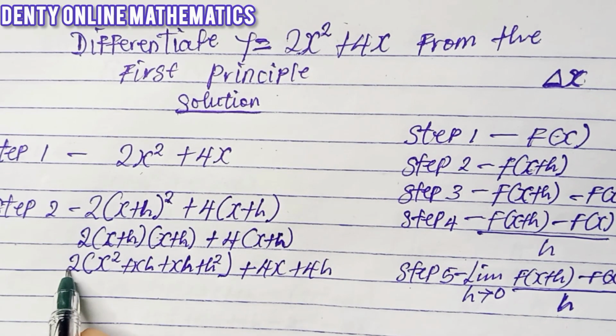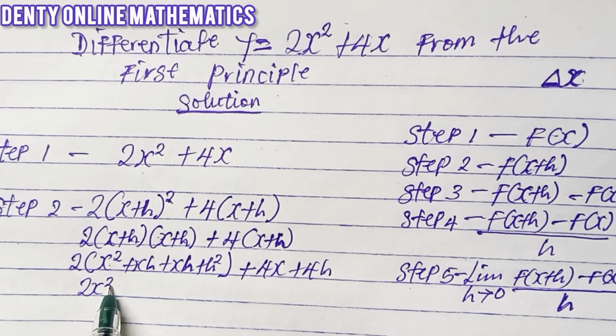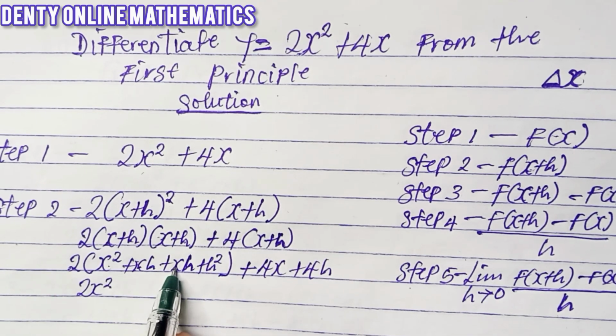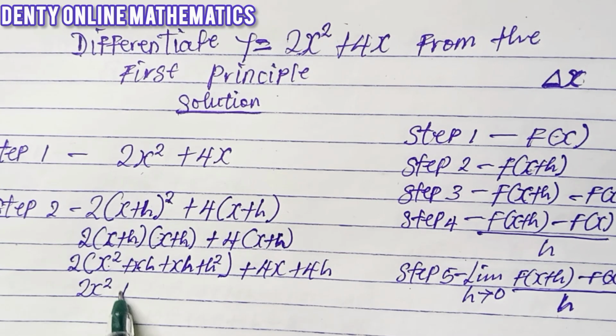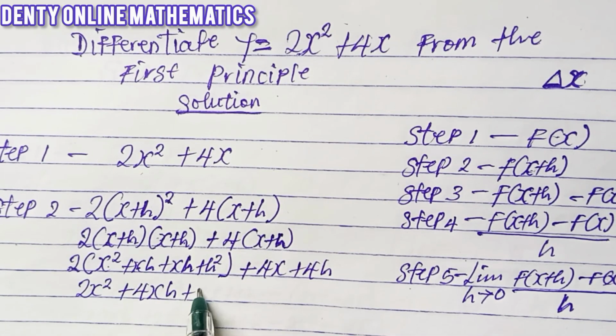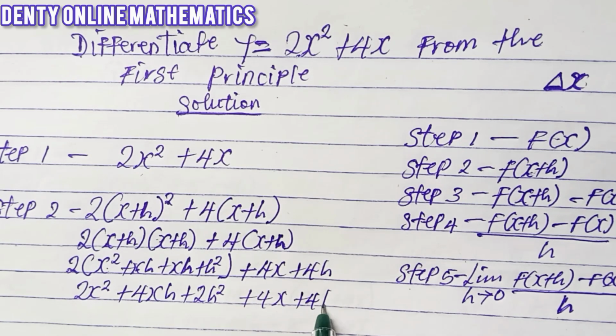Now proceed further. Open this bracket, so 2 times x squared, 2x squared, and then xh plus xh, you're going to have 2xh. So 2 times 2xh, you are going to have plus 4xh. Now 2 times h squared will be 2h squared plus 4x plus 4h.